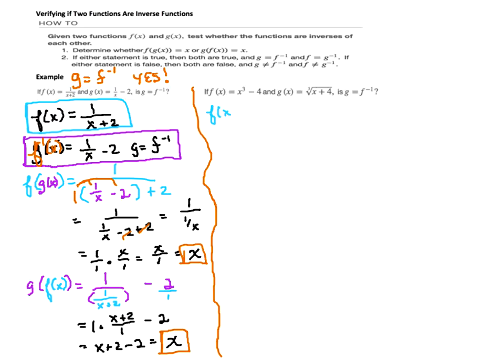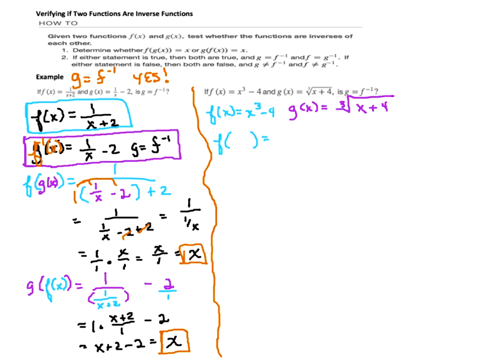So we'll start out with the f function, f of x equal to x cubed minus 4, and then I also have g of x equal to the cube root of x plus 4. Okay, so we need to compose both ways.